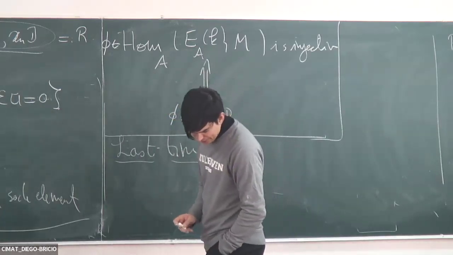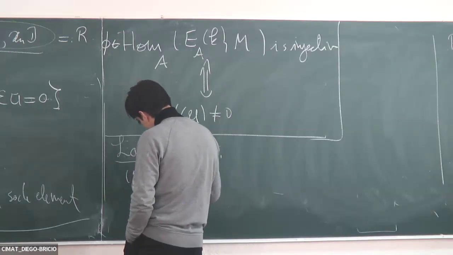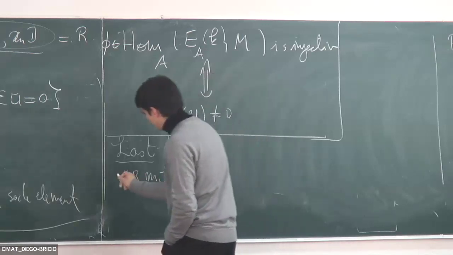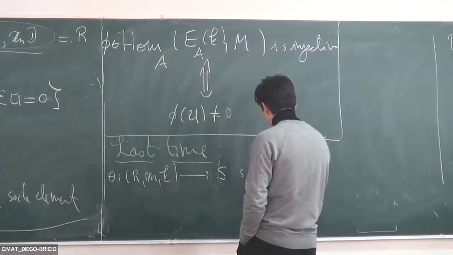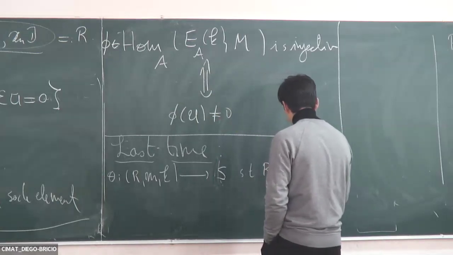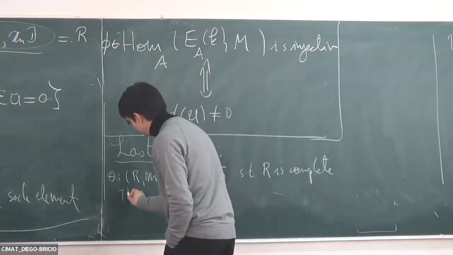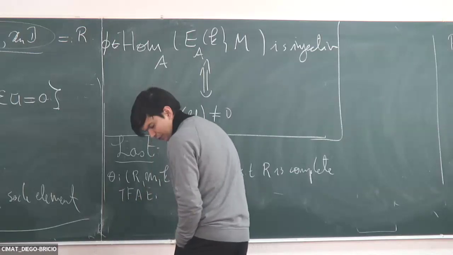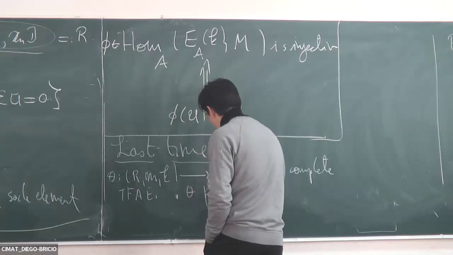Last time we said that if you have any algebra S such that R is complete, we had an equivalence of the following notions. The first notion was the notion we wanted to understand: purity.